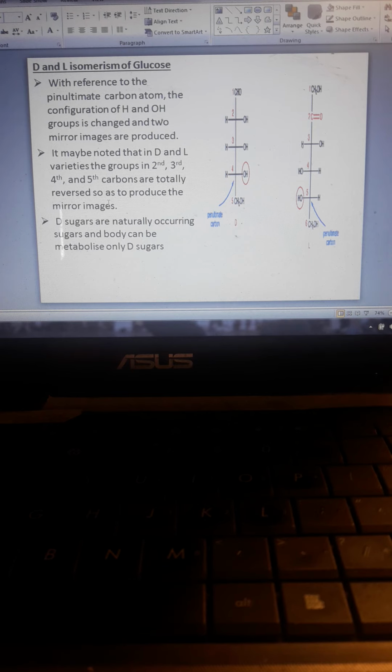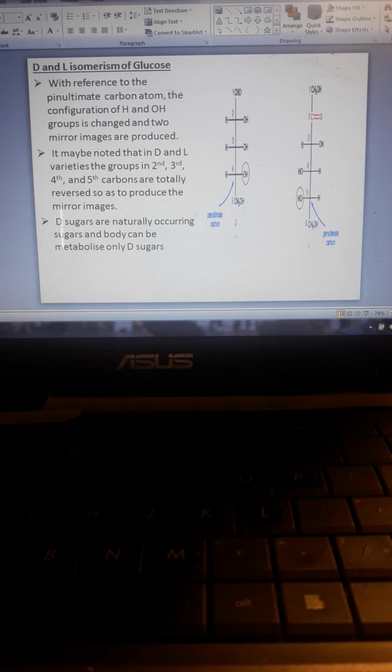So the reversal of the different carbon atoms will result in different structures of monosaccharides. D sugars are naturally occurring sugars. The body can metabolize only D sugars or dextrose sugars, because dextrose sugars are based on the standard rotation, from left to right.